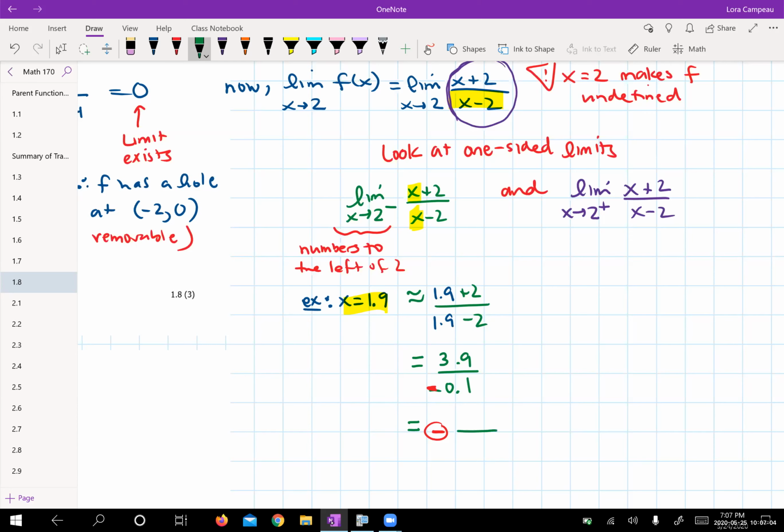Okay, so let's look at 3.9. And you might want to agree with me, hopefully on this one, that 3.9 is a number close to 4. And looking at 0.1, if we're comparing it to the number 4, it's a really small number.